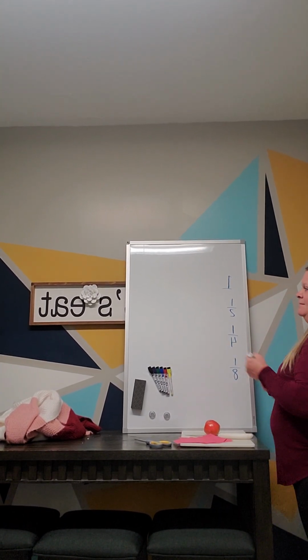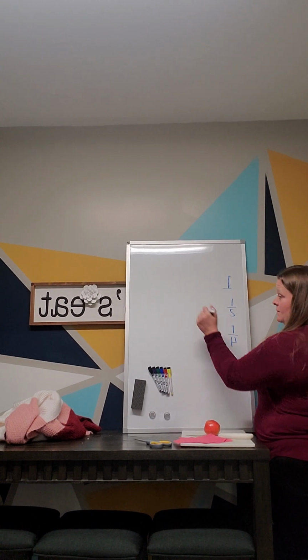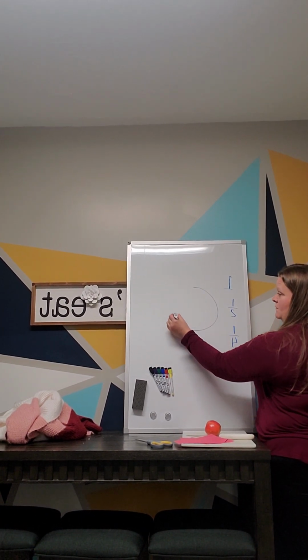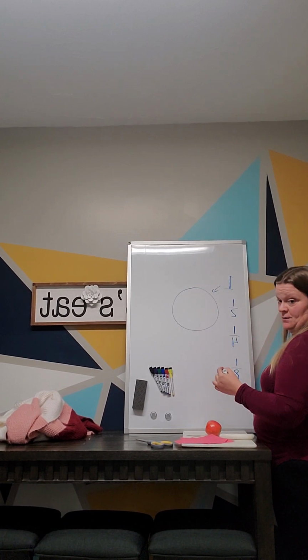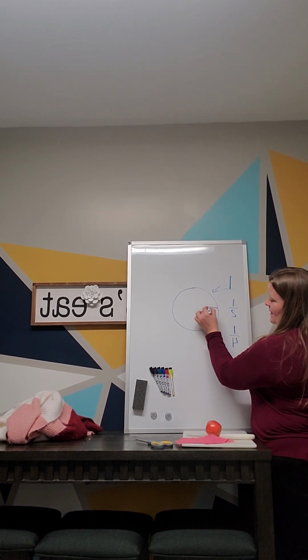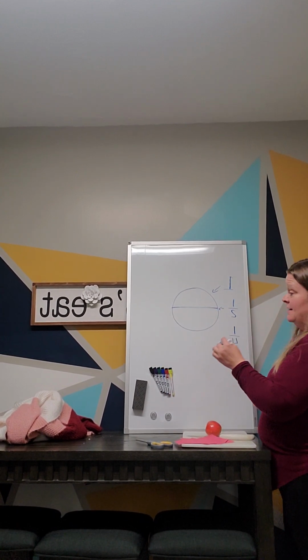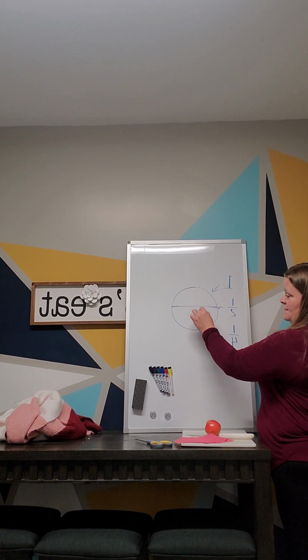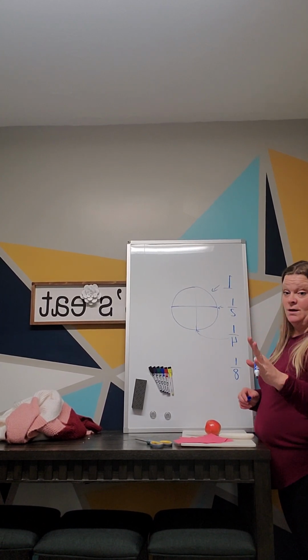Let's look at this. If you have a 4th, here's your 1 whole. It's the big circle. Then you cut it in half. That's this line, right? 1/4 is this line. That makes it 4.